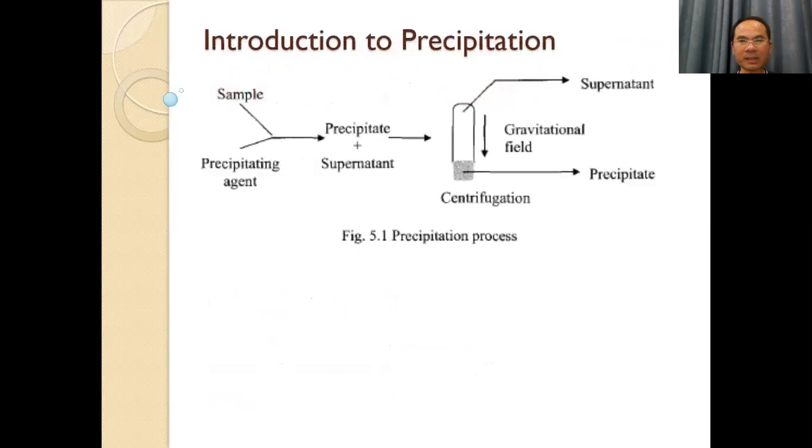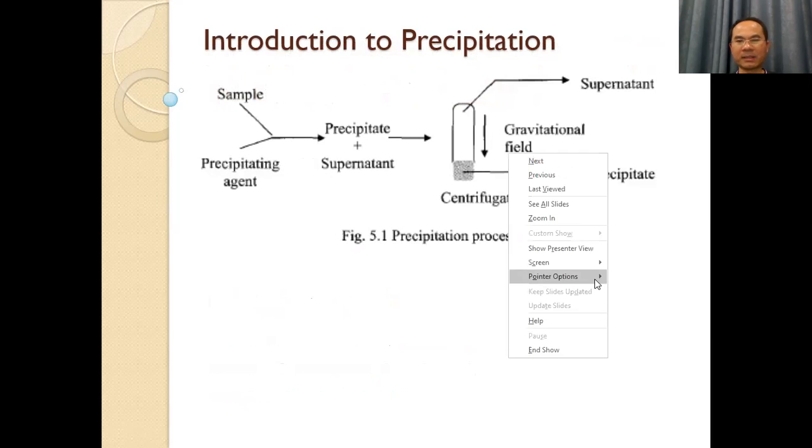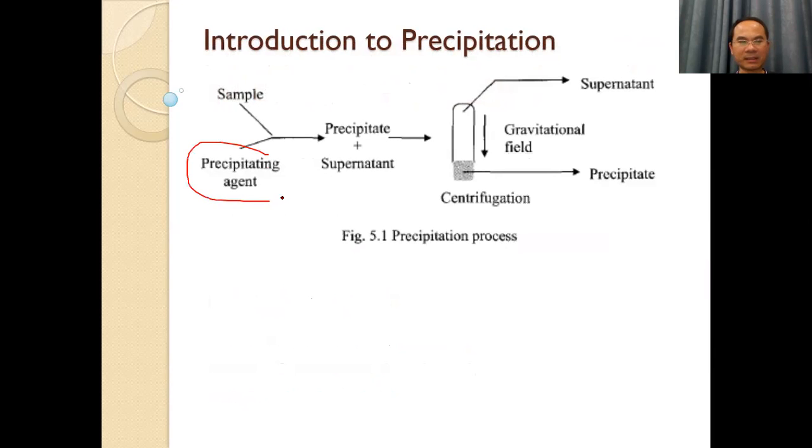This figure is the introduction to the precipitation technique. We have a mixture in the liquid phase, which we call the sample, with some solute dissolved in it.